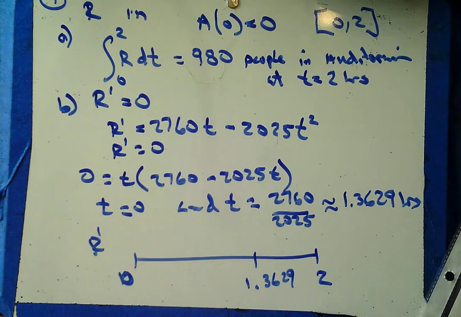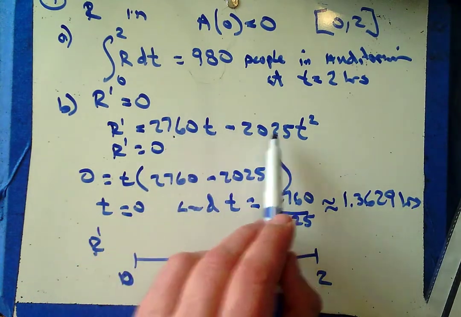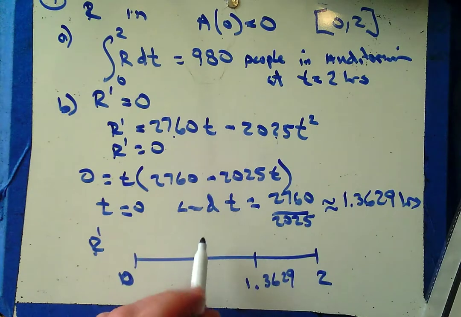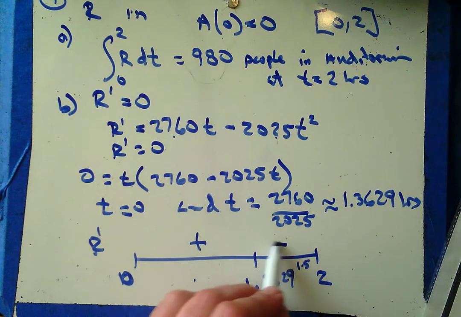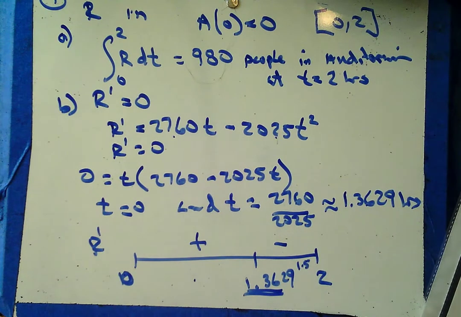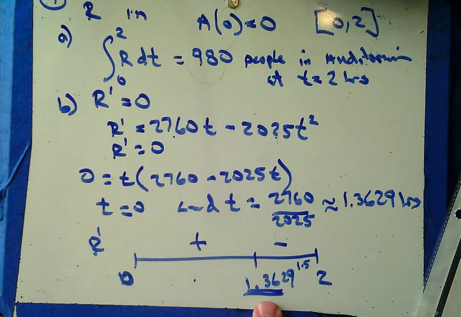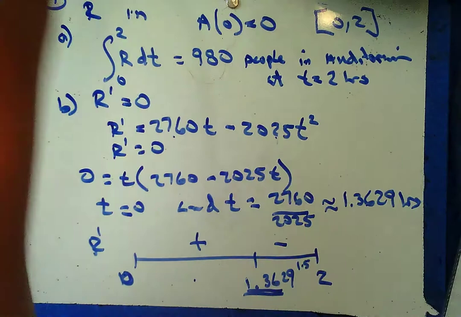Okay, so I've got r prime, I've got 0, I've got 2, and I've got 1.3629. If I check values, like if I plug in a 1 into r prime, I get a positive number. And if I plug in 1.5, which I did in the first video, I got a negative number here, and so I see the rate is a maximum at 1.363 hours. Do we have to justify that? Yes, justify your answer.